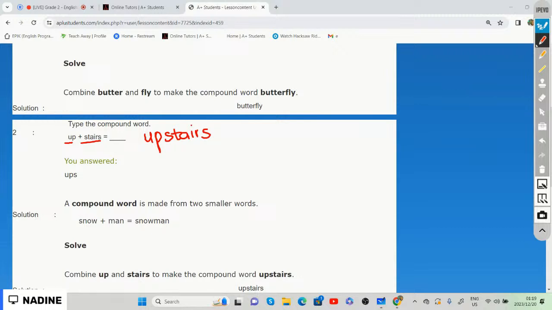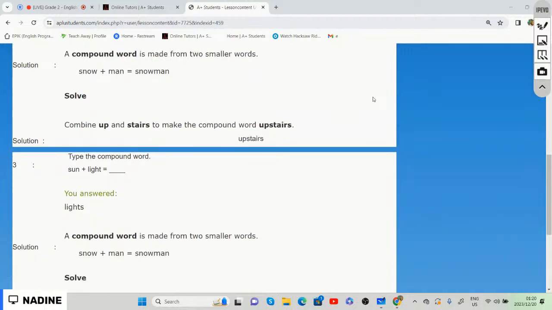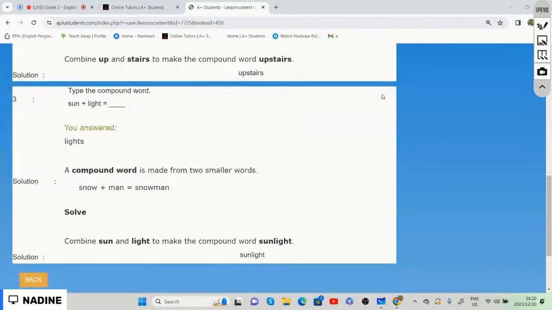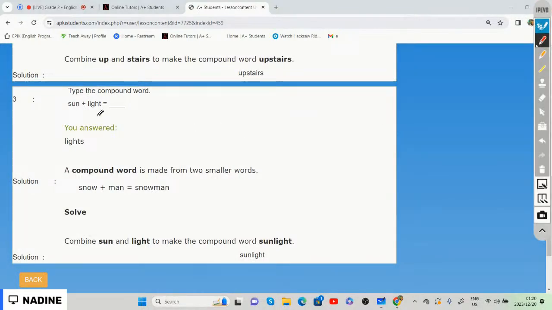So we combine up plus stairs, and then we get the compound word of upstairs. All right, then we have sun.